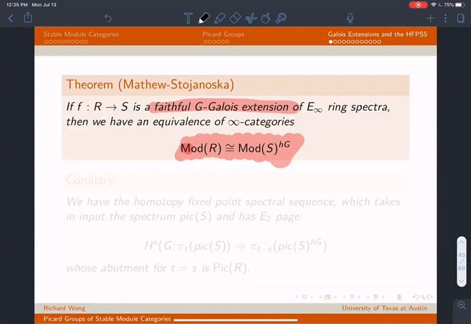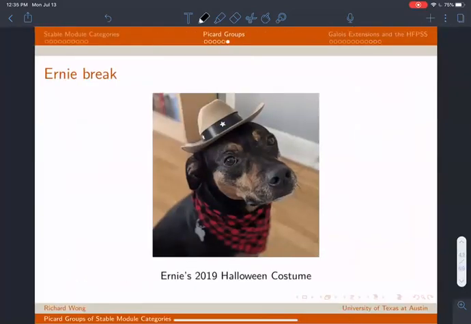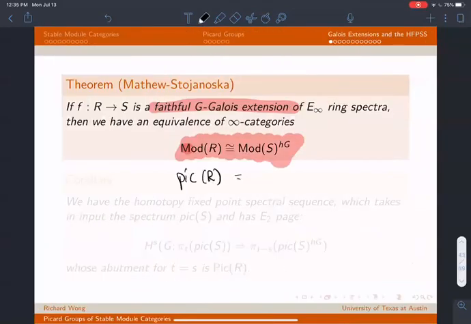So if we have a faithful Galois extension of ring spectra, if we apply Pic to these things, we get an equivalence Pic R to Pic of this thing. And the nice thing about Pic is that it commutes with limits.